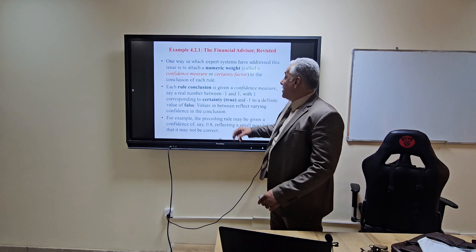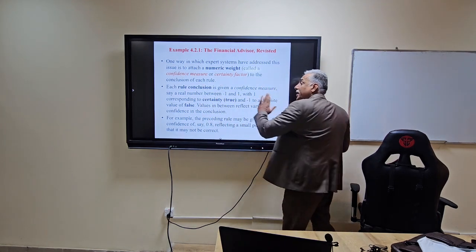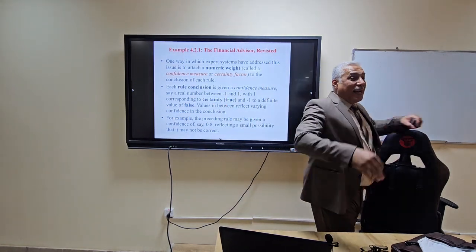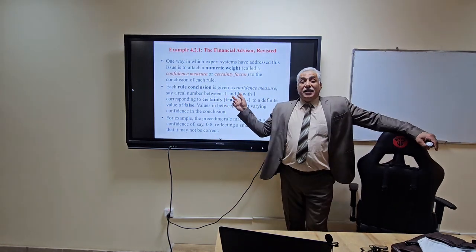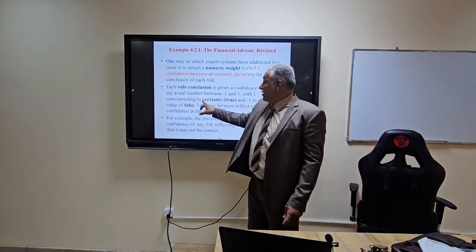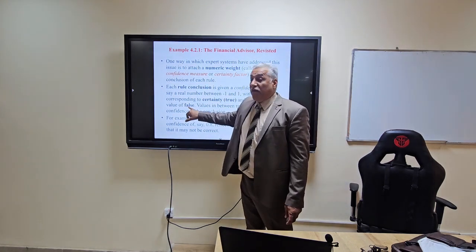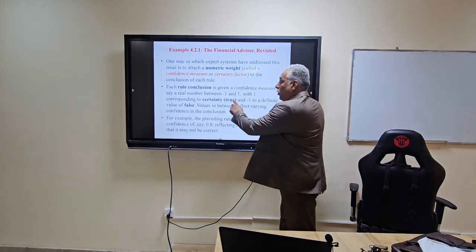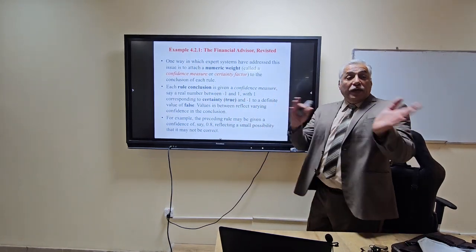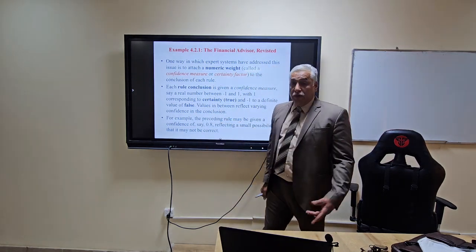Each rule conclusion is given a confidence measure, say a real number between -1 and 1, or 0 and 1. -1 means exactly failed, and 1 means fully succeeded, with 1 corresponding to the certainty value of true, and -1 to the defined value of false. That means this is false and this is true. And the values between them reflect varying confidence in the conclusions.